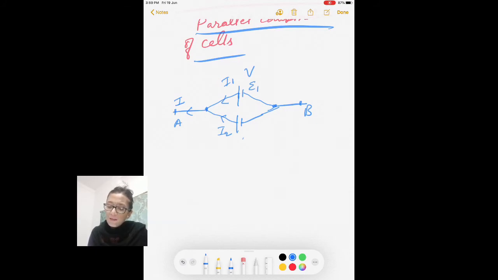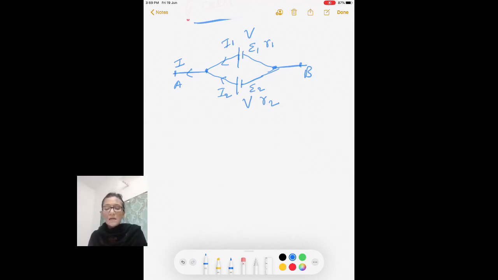So the potential difference will remain V for the cell with EMF E2. Suppose it has internal resistance R1, it has internal resistance R2. So now let me write the equation directly. I am not going to explain every term. So you will be doing this. Here V is same, so we will not take V, we will take I. I is equal to I1 plus I2.